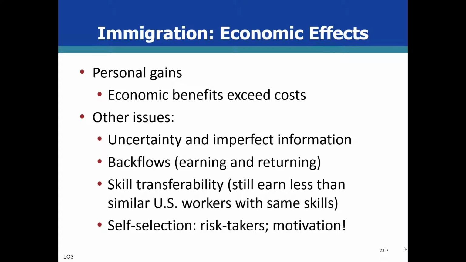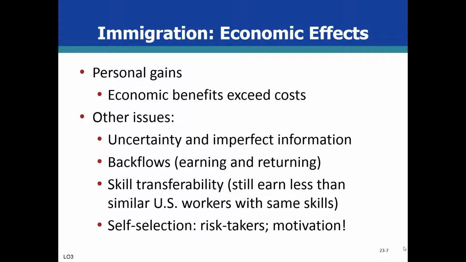The returns on immigrating to the United States are, on average, quite substantial, especially in the long run. The economic benefits do exceed the costs. There are personal gains. However, there are certain economic issues that come into play.